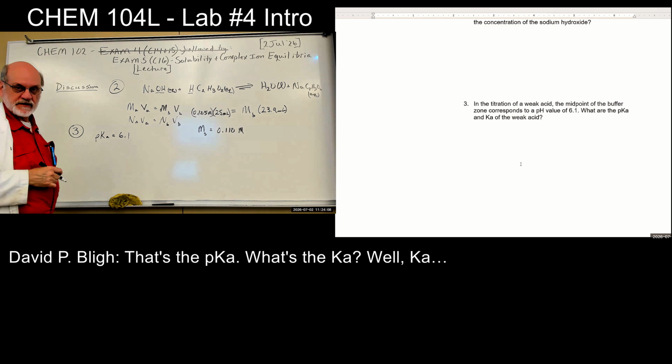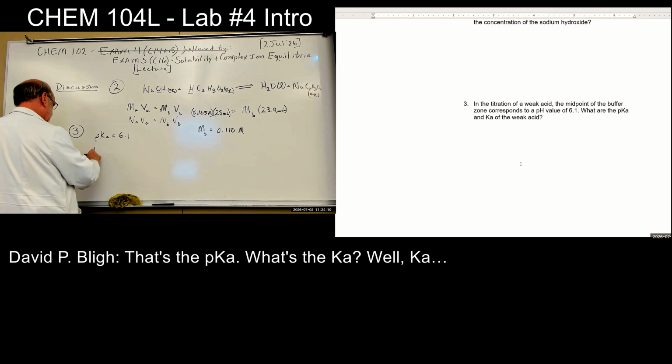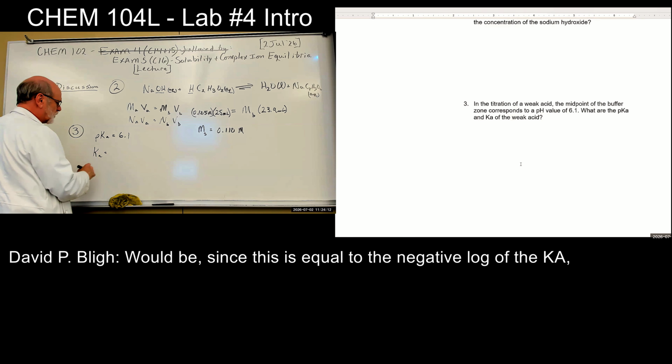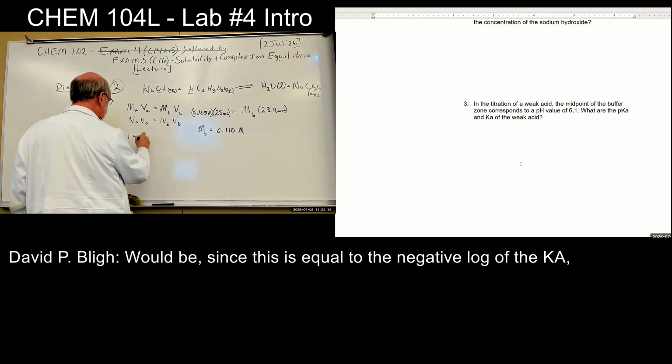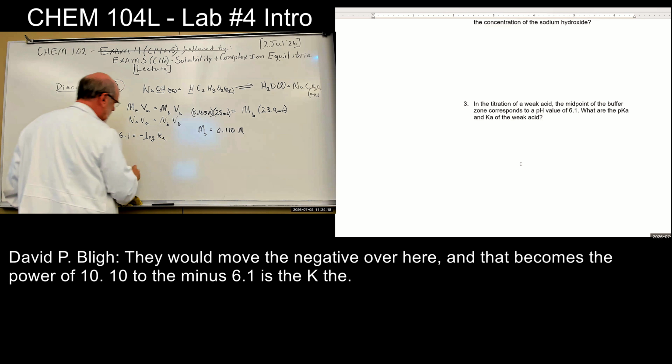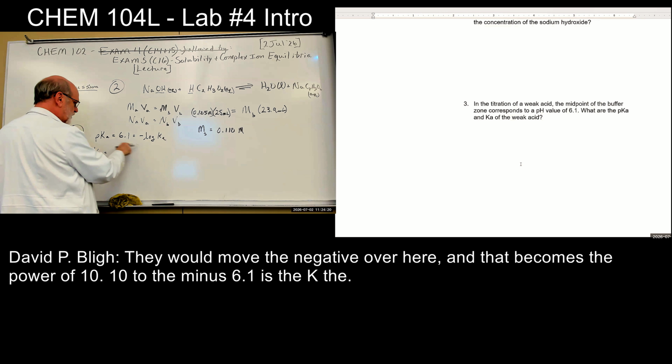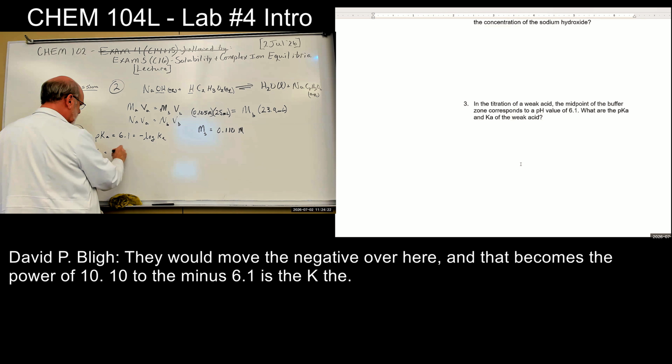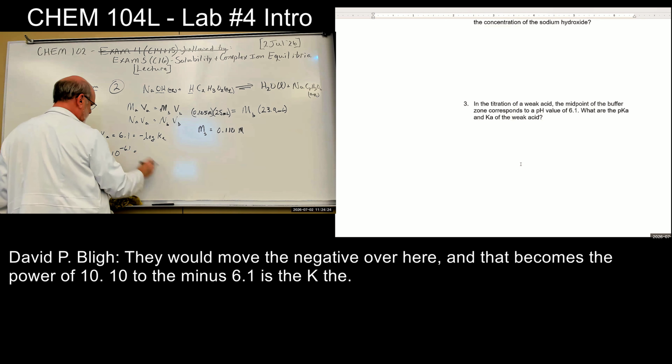That's the pKa. What's the Ka? Well, since the pKa is equal to the negative log of the Ka, we move the negative over here, and that becomes the power of 10. 10 to the minus 6.1 is the Ka.